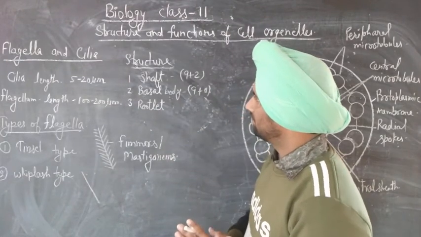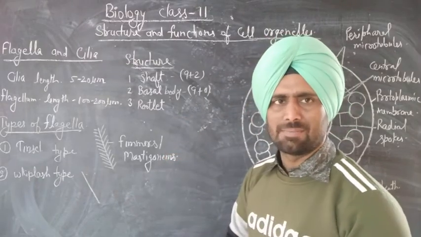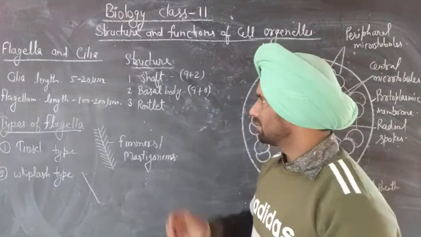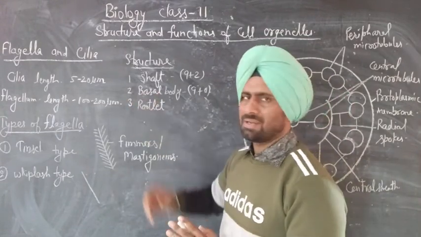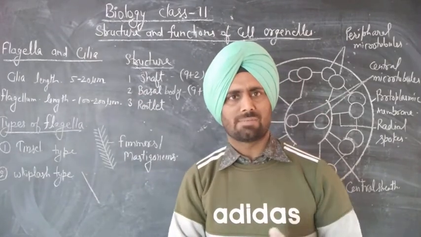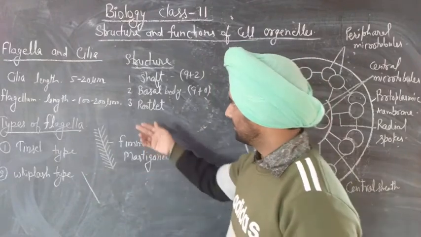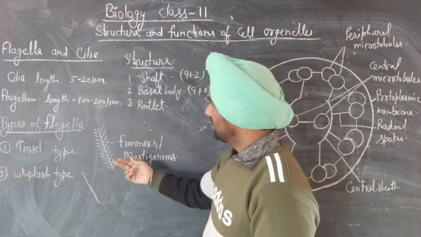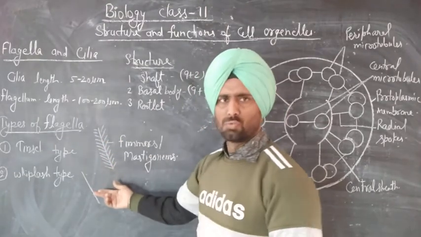Now we see the difference between cilium and flagellum. First, they are different in length. Cilia are smaller in size, but flagella are large, long in size. Second difference, cilia are of a single type, but flagella are of two types.